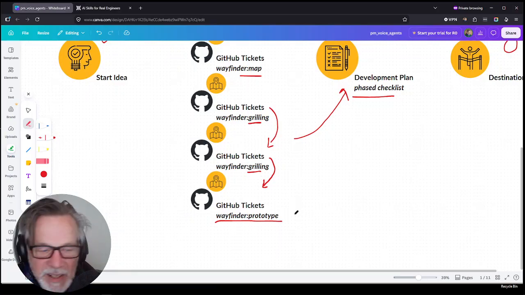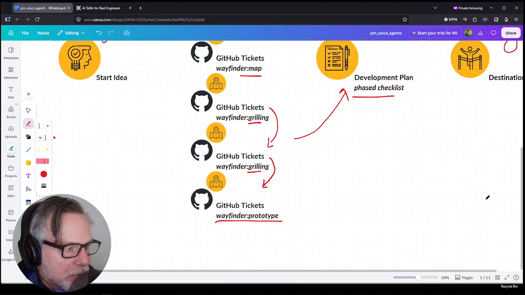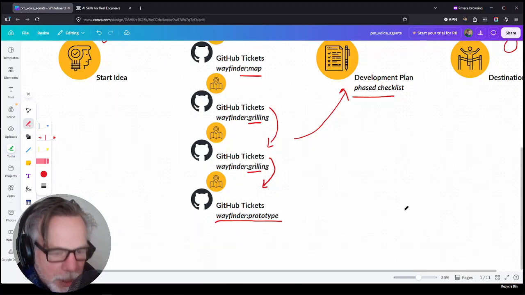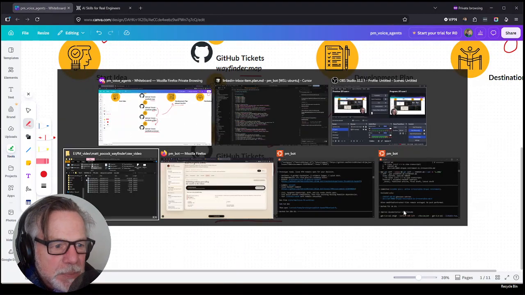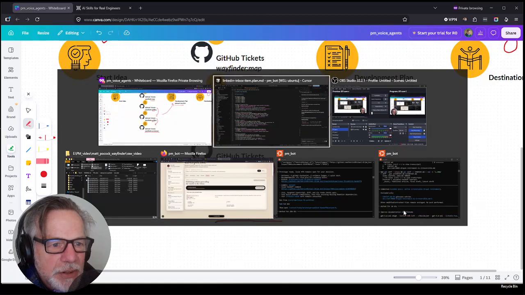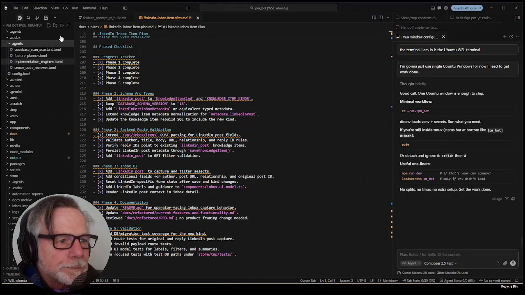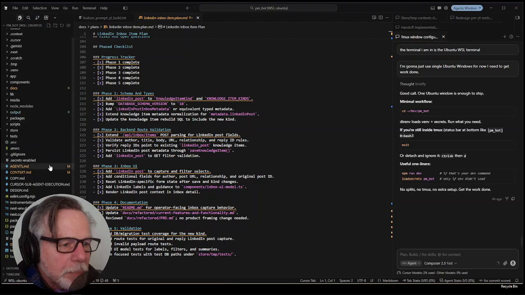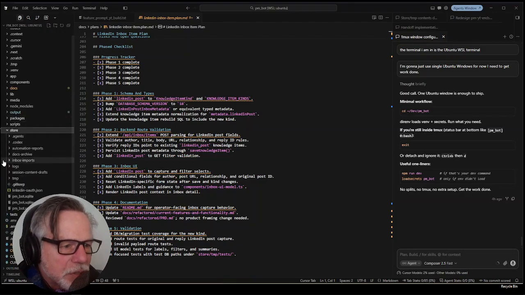What that does is it actually generates what it is, a prototype. In this particular instance, in Codex, what happened was that a work tree was created.